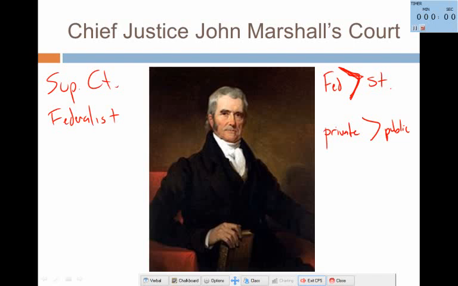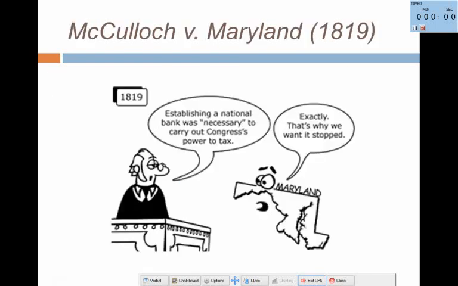Okay, so here are the Supreme Court cases you need to know under John Marshall. First, McCulloch v. Maryland. In the Supreme Court case of McCulloch v. Maryland, the Supreme Court ruled in the decision that the Second Bank of the U.S. was what?